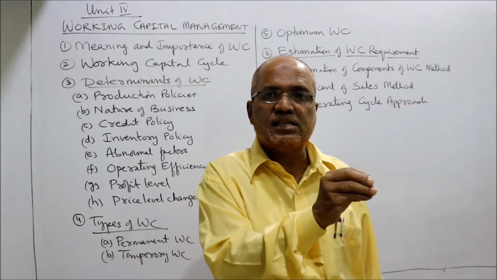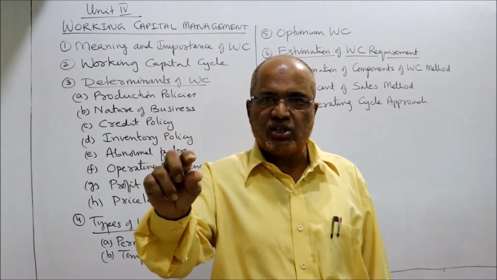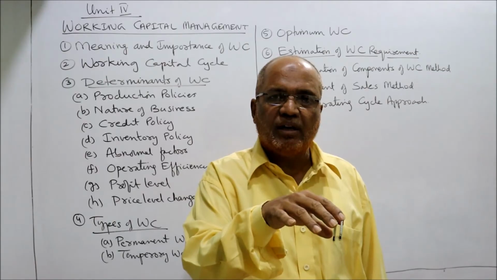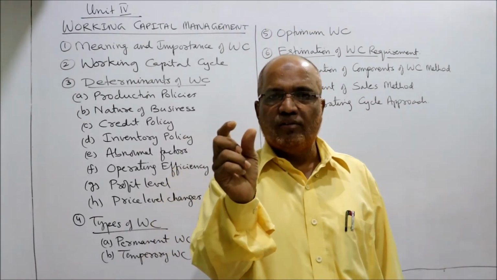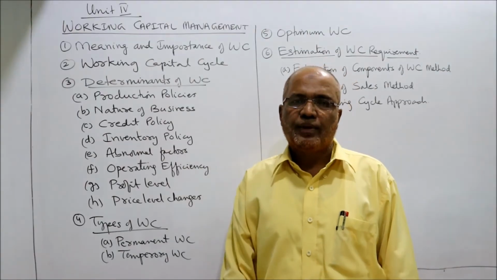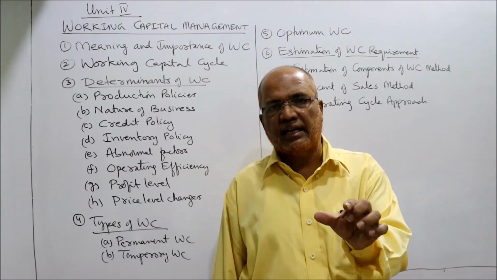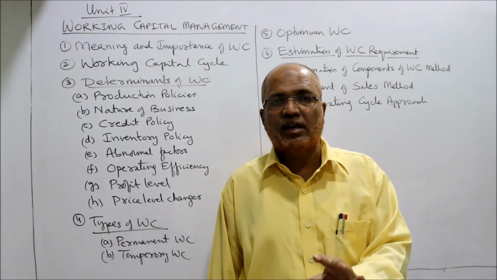वही 5 साल के sales का average मानो. तो average working capital divided by average sales into 100. We'll get a percentage of working capital on sales. And that percentage we apply during the current year. अब current year में हमारा sales expected कितना है? Suppose the sales are 10 lakh rupees. 10 lakh rupees are the expected sales during the current year.